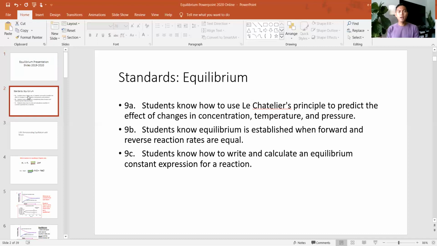The three main things we want to focus on are: what principle helps us predict which way the reaction is going, known as Le Chatelier's principle; how do we know that an equilibrium is already established; and finally, how do we calculate the constant for equilibrium? All the math I'll reserve till next week. For today, it's really more of the concepts and the idea of Le Chatelier's principle.